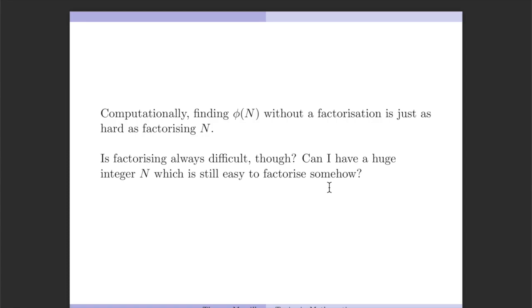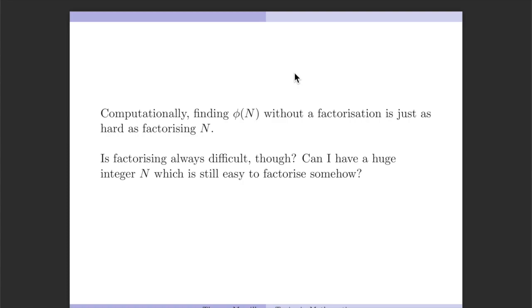The security in the RSA system comes from the fact that factoring large integers is very difficult and takes a lot of time, even with highly advanced computers. And fortunately for us, attackers would not be able to exploit this phi of n method that I've just described on the past couple slides.